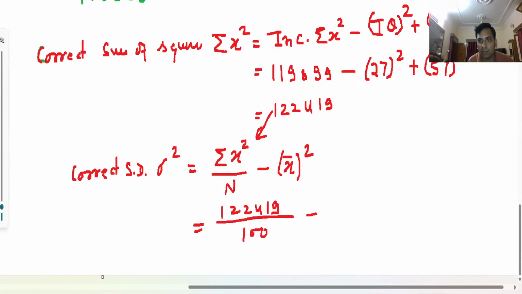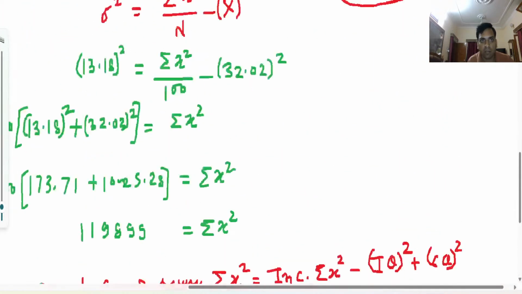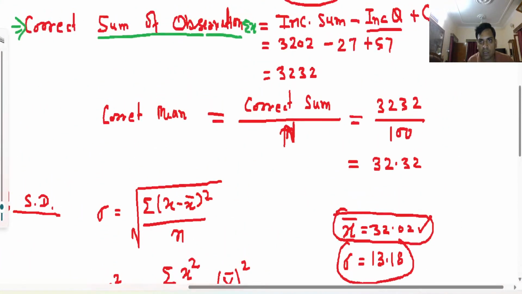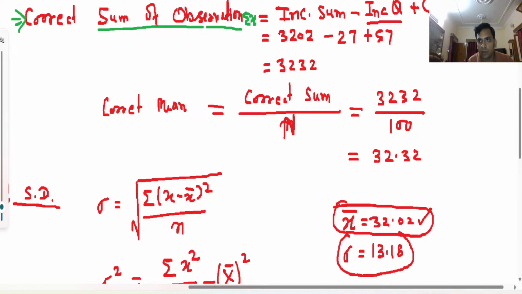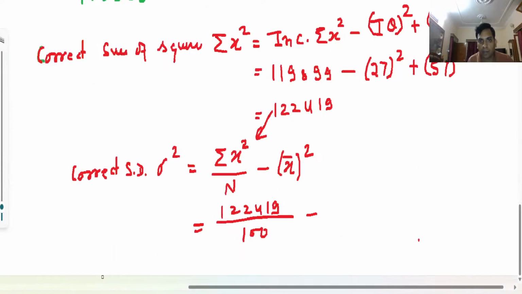Now we will put correct mean. So correct mean we have calculated. This correct mean is this 32.32. So we will put 32.32 and then we will find its square.